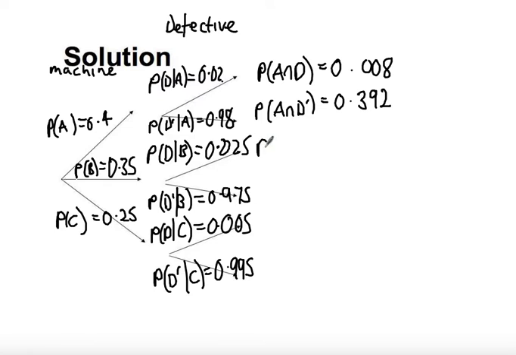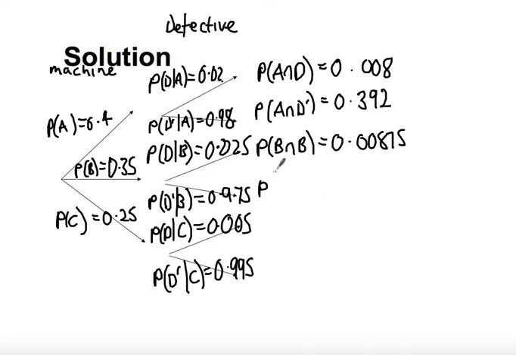Okay, so the probability it's from B and defective: we get 0.35 times 0.025, which is 0.00875.